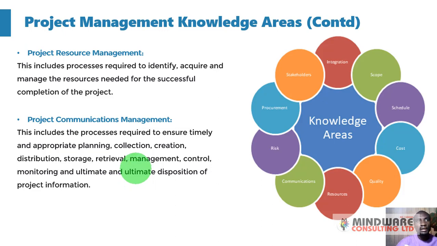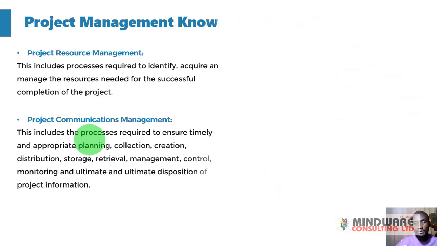Are you going to use social media? Are you going to do it via conferencing platforms like Teams or Zoom, or are you going to send a mail? So what form of communication are you going to use? All this put together is what makes up the project communications management.